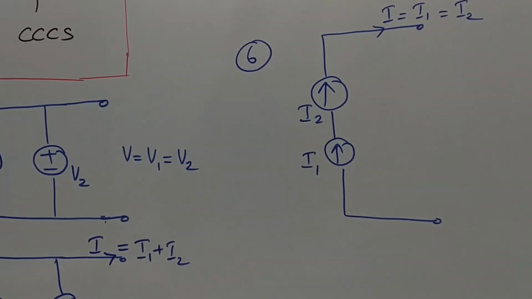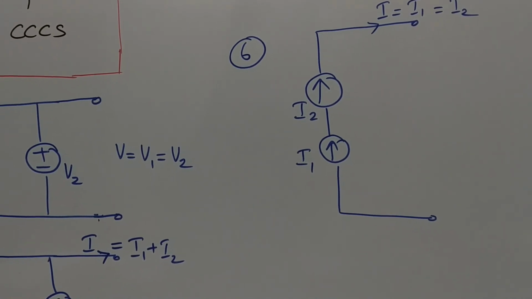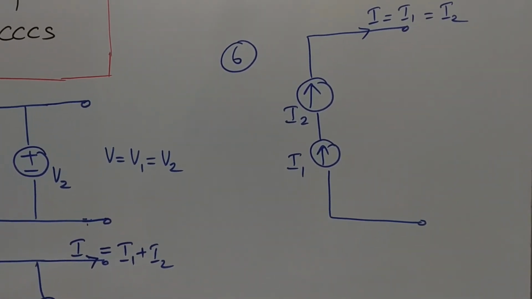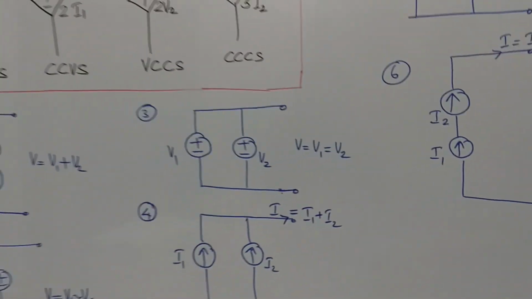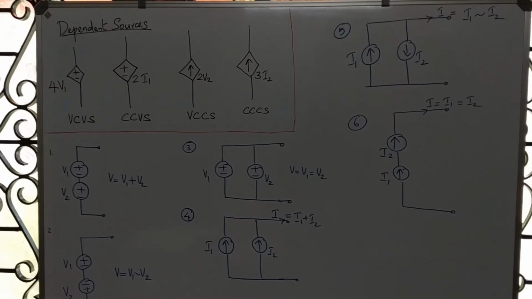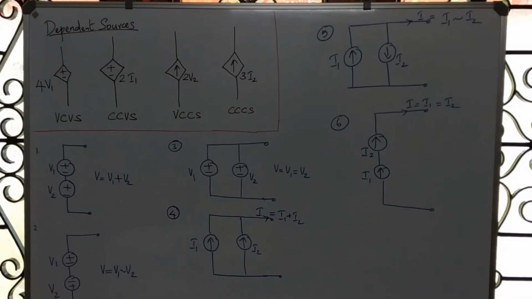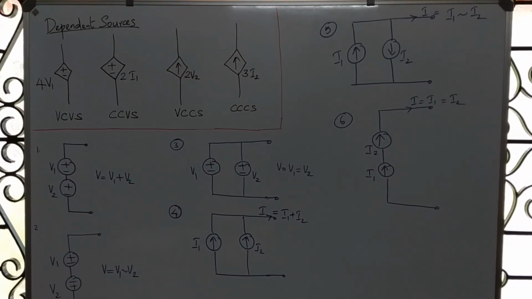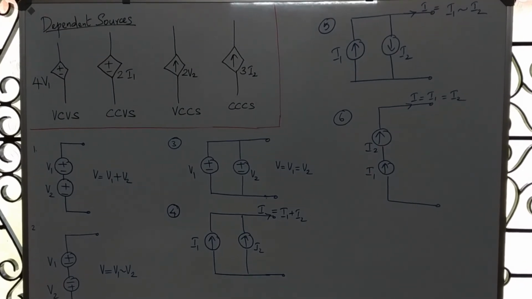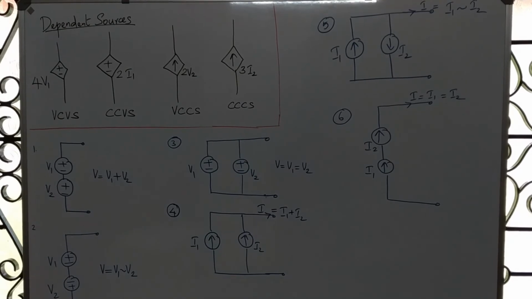So you can connect current source of same value together, and the final current will also be the same. So these are the different possible connections. So that is all about energy sources. Thus we have covered almost all network elements: resistor, capacitor, inductor, voltage source and current source.